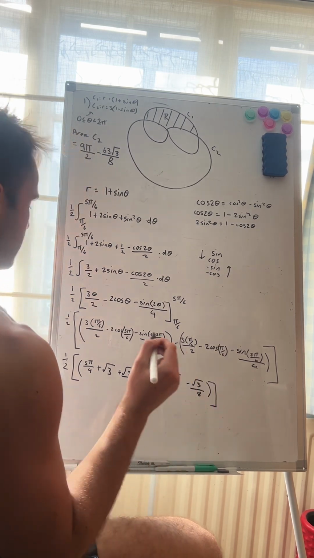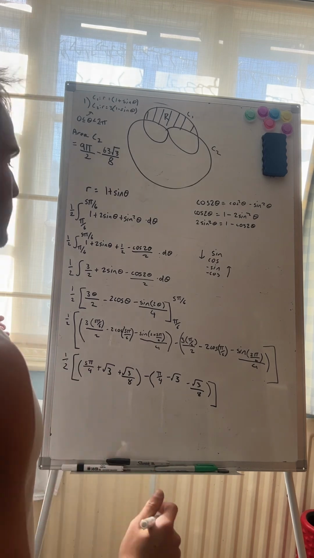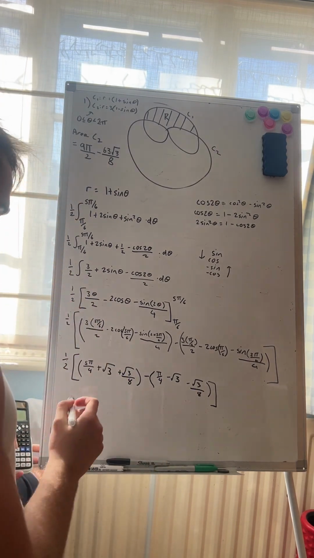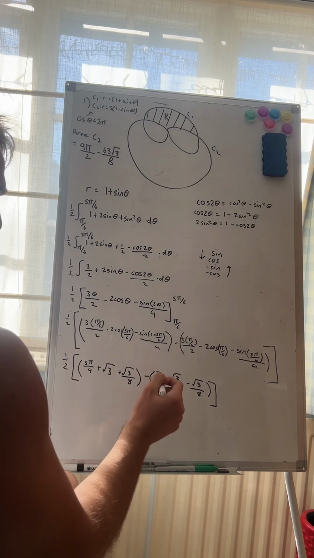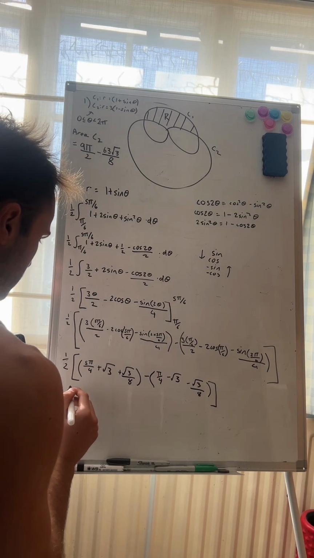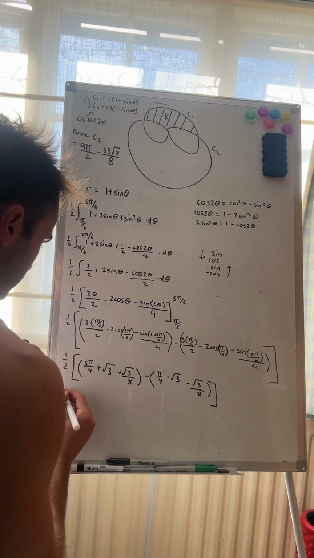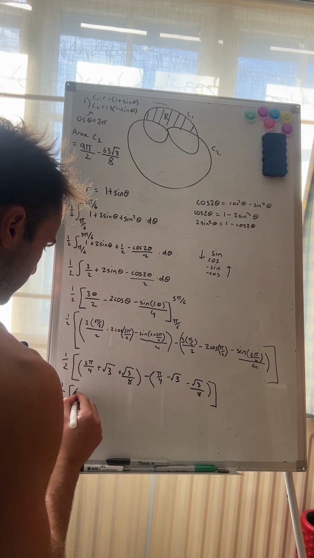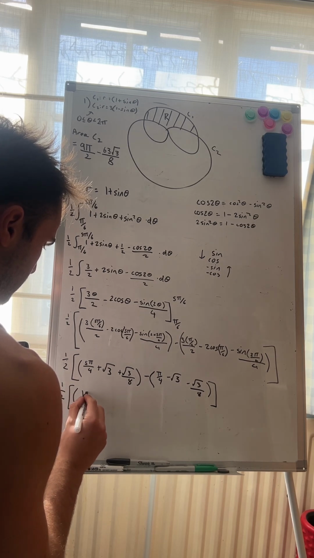So now we're going to take like terms. We can see that 5 pi over 4 minus pi over 4 is just pi, so we're going to get a half of pi.